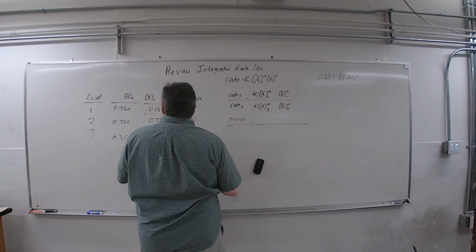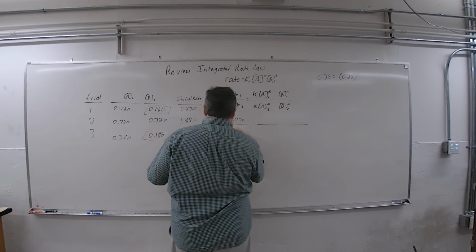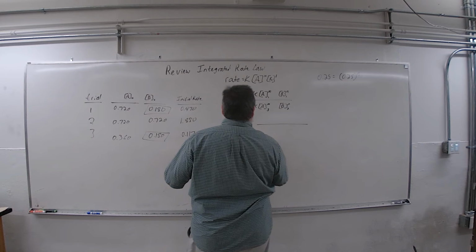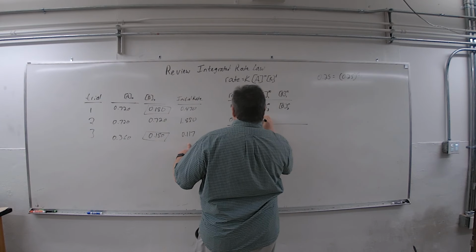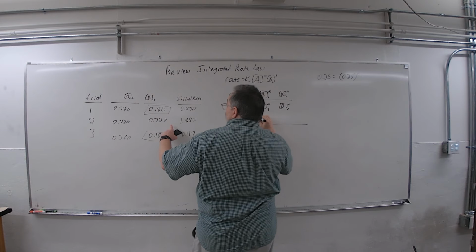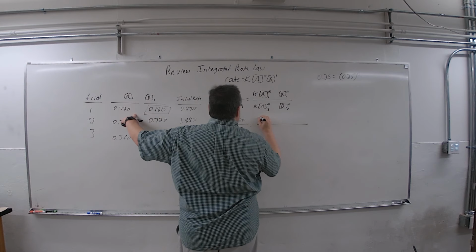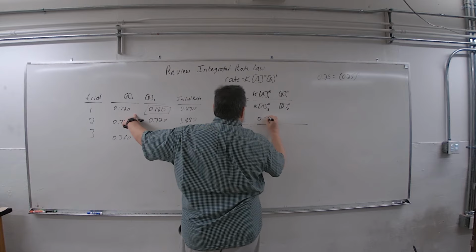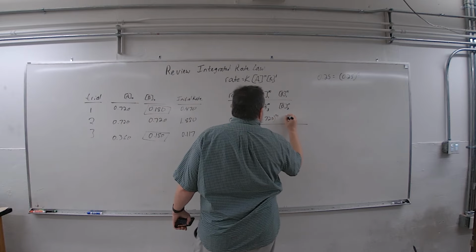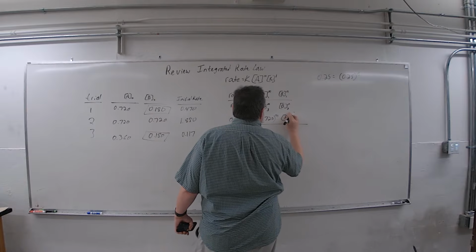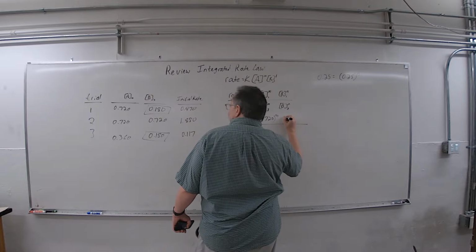The rate for 1 is this, the rate for 2 is 0.117. For A, I'll write it out even though I know it's going away.